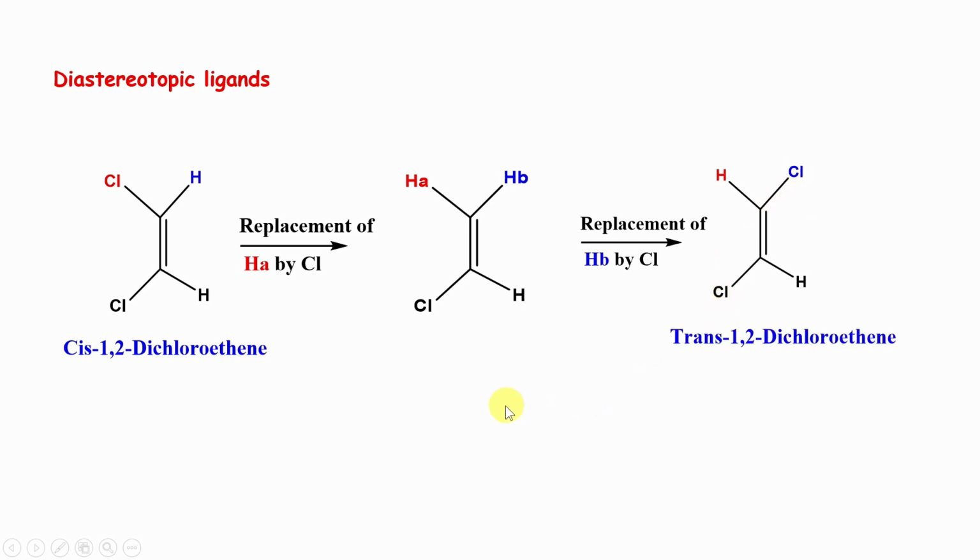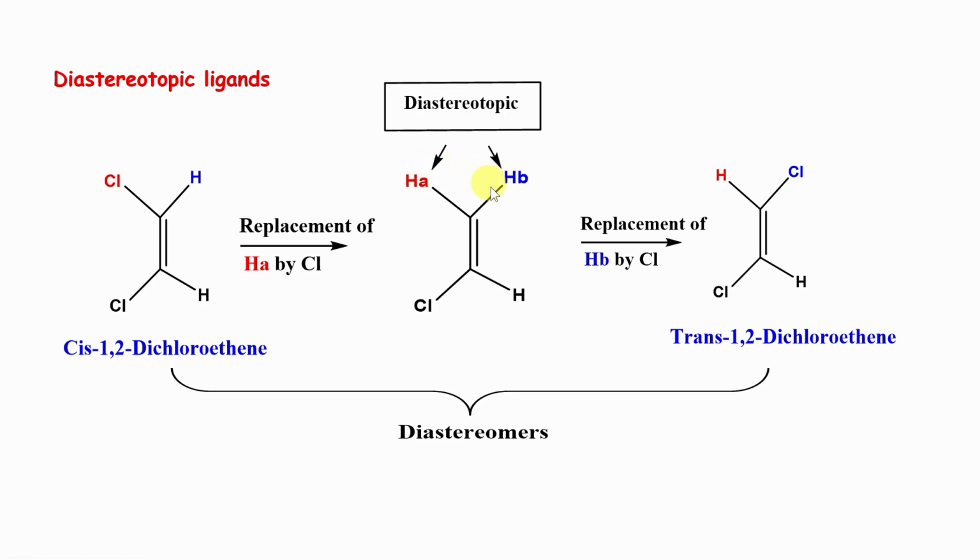See, cis-1,2-dichloroethene and trans-1,2-dichloroethene are diastereomers, and hence we can say the HA hydrogen and HB hydrogen are diastereotopic. That means if the replacement of two hydrogens gives two diastereomers, then the hydrogen atoms are said to be diastereotopic hydrogen or diastereotopic ligand.